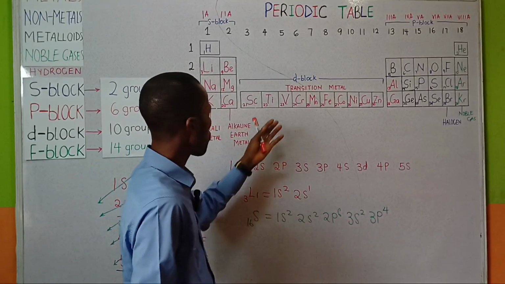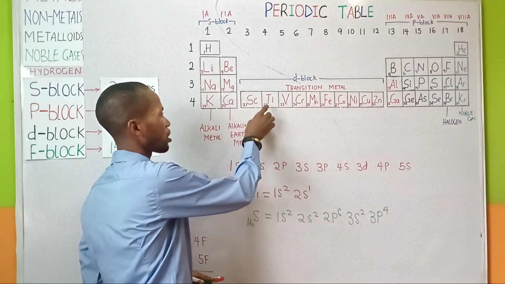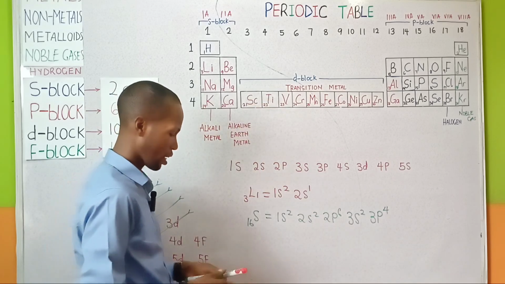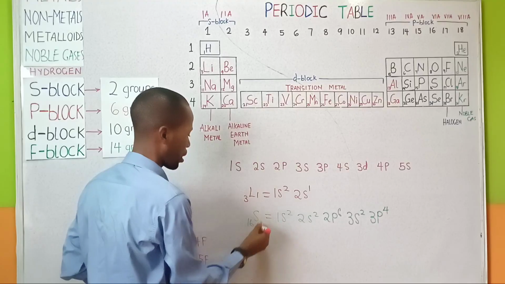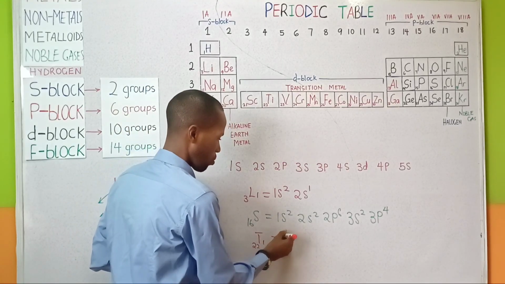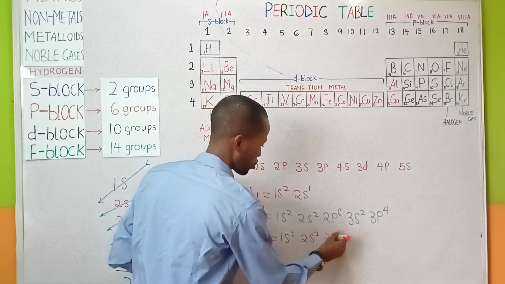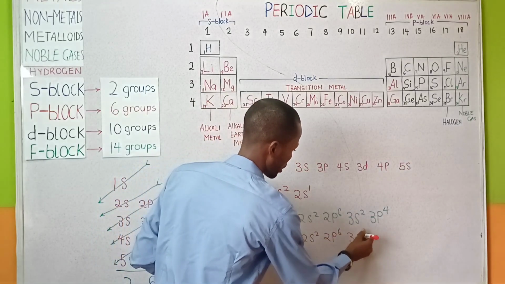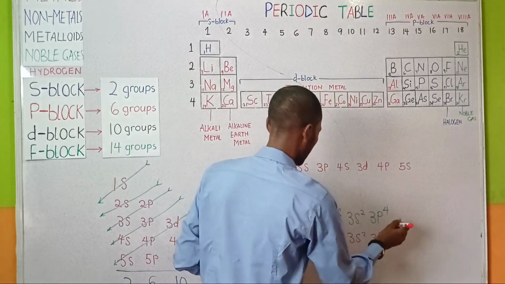So we have from the D block elements right here. Let us pick titanium, Ti, with atomic number 22. We have 1s2, 2s2, 2p6, 3s2, 3p6.